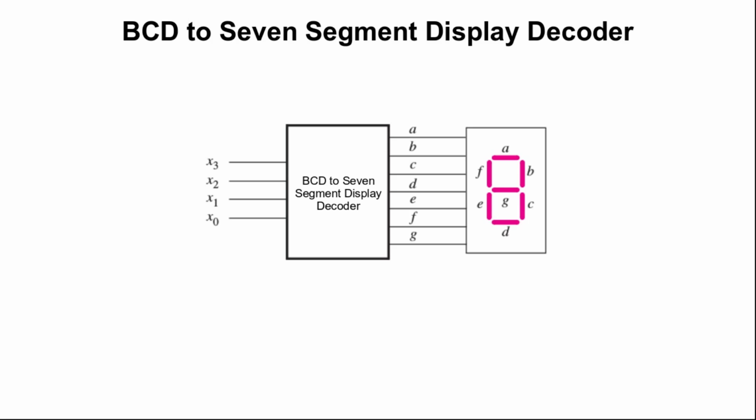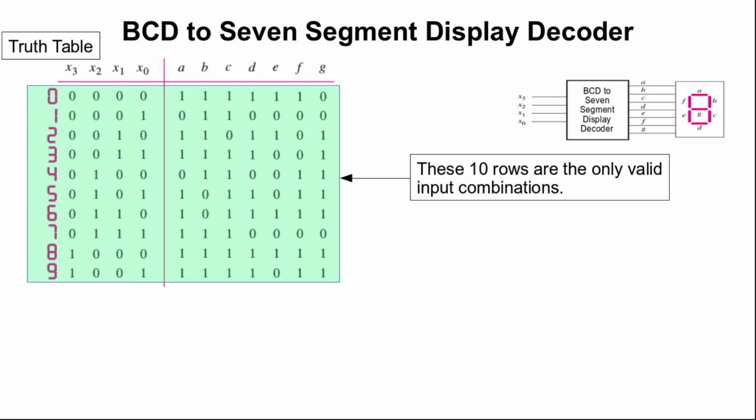Now, how to build this logic circuit? For that, we need to build the truth table first. The truth table will show the input combination and the corresponding output.